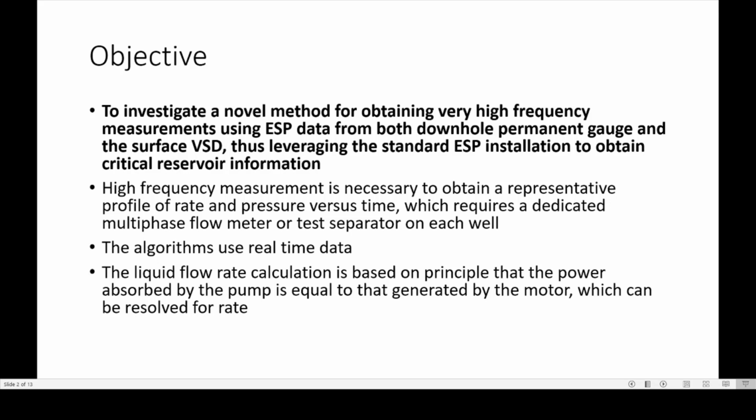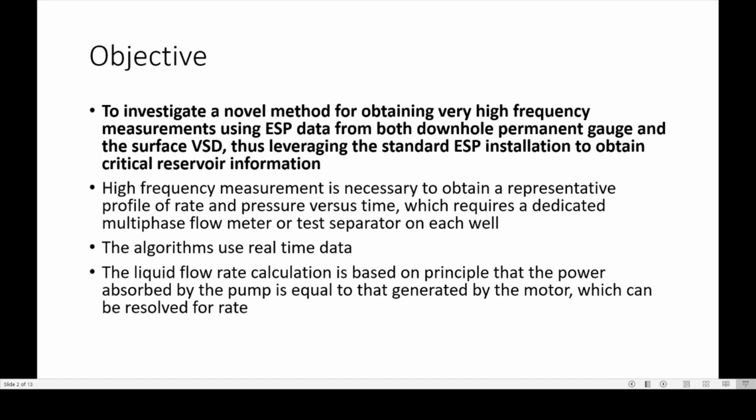This was to investigate a novel method for obtaining very high-frequency measurements using ESP data from both the downhole permanent gauge and the surface variable speed drive, or VSD, thus leveraging the standard ESP installation to obtain critical reservoir information. High-frequency measurement is necessary to obtain a representative profile of rate and pressure versus time, which requires a dedicated multi-phase flow meter or test separator on each well, and the algorithms use real-time data.